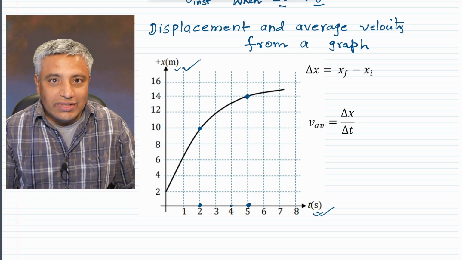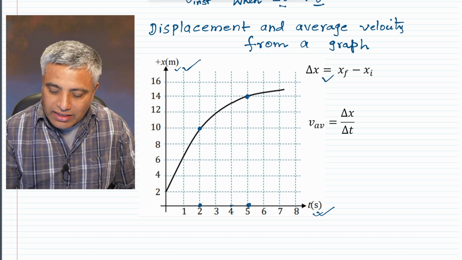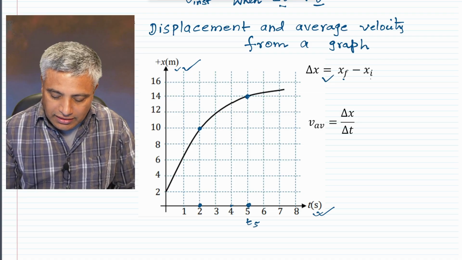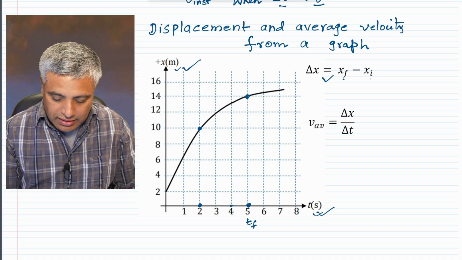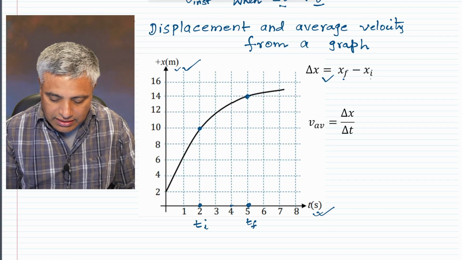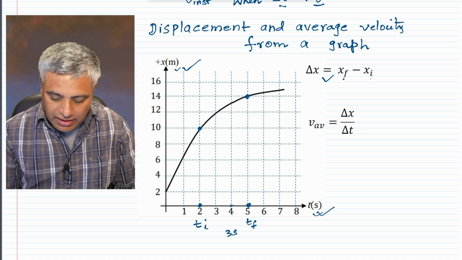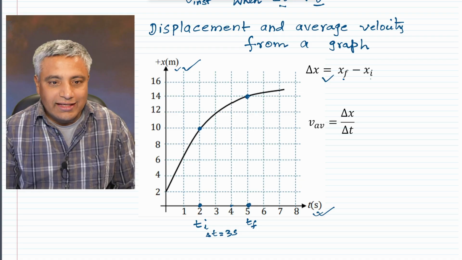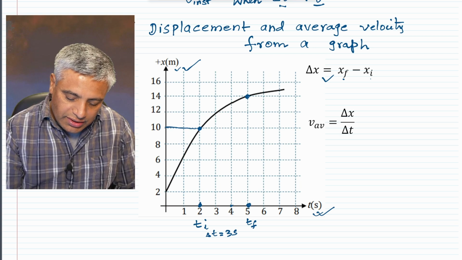So let's do that. To find displacement, what do we need? We need the final position and the initial position. So here 5 seconds is our final time. Let's write t_f, and 2 seconds is the initial time. So in this case, the time interval is just 3 seconds. Now let's read the corresponding positions.